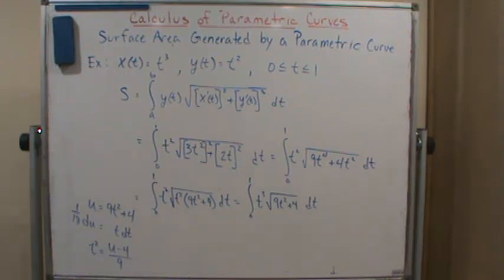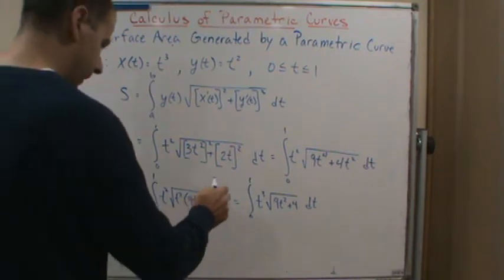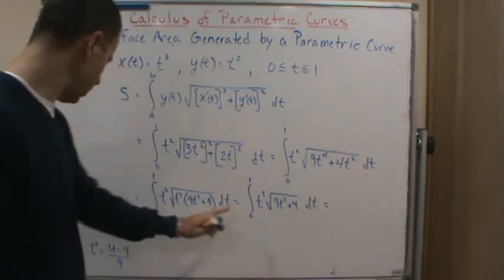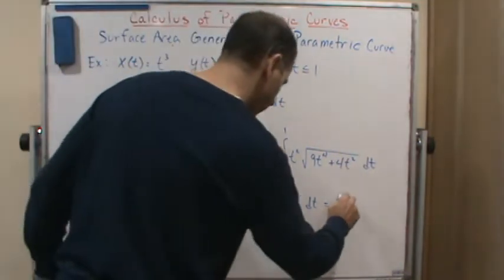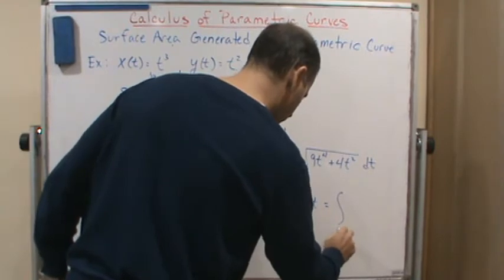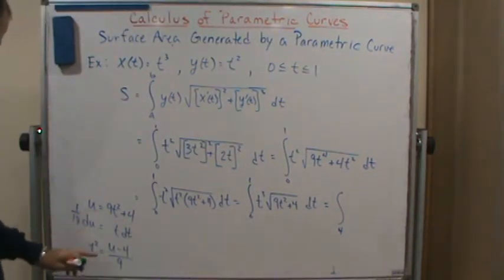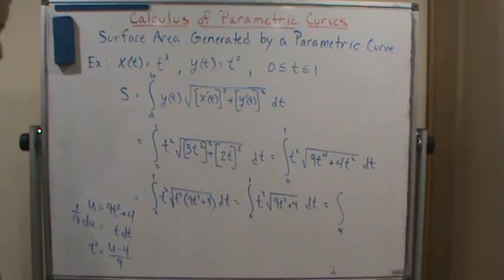Okay, so let's see what that gives us. Let's write this in terms of u. And again, when t is 0, u is equal to 4, and when t is 1, u is 13.